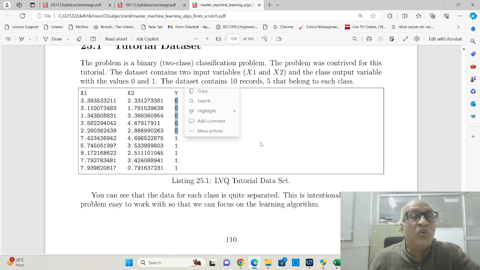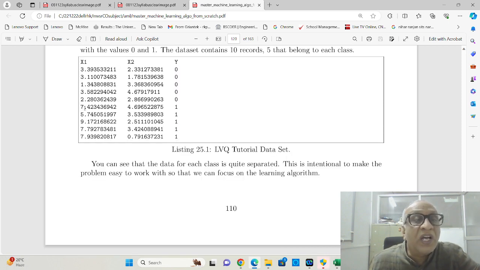If you look at class 1, the related values are 7, 5, 9, 7, 7, and if you look at class 0, 3, 3, 1, 3, 2. So direct separation is visible between these two classes, if I compare the X1 values.